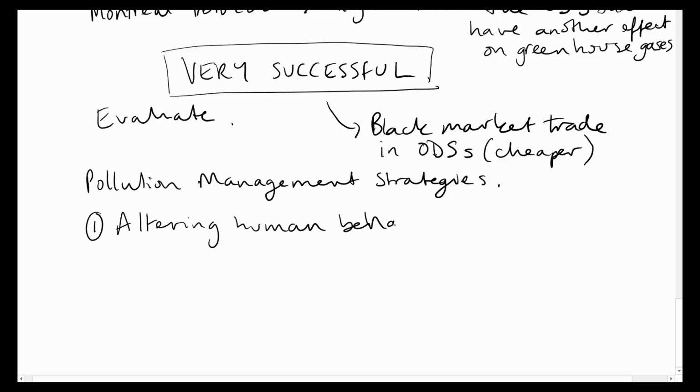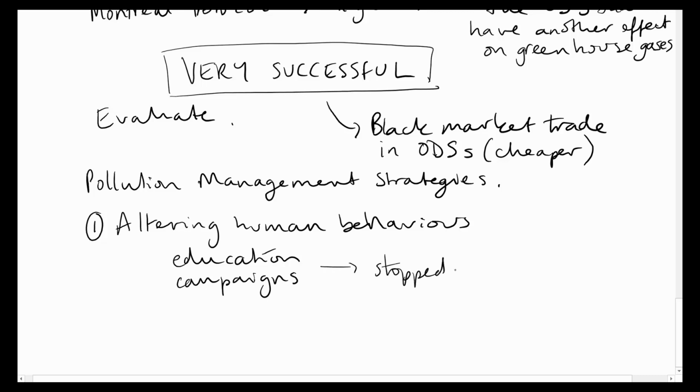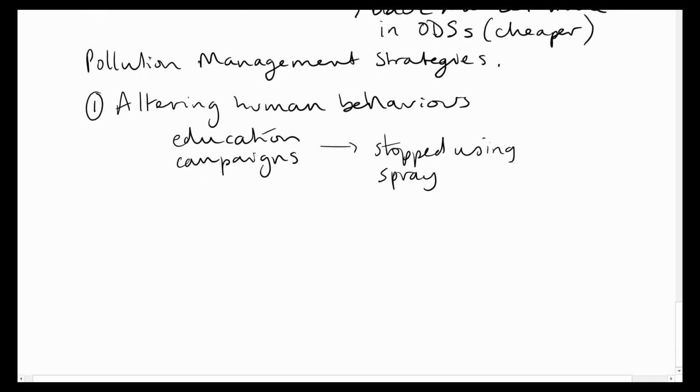So in the 1980s there was lots of education campaigns. I was part of letter writing campaigns, and people stopped using spray cans. Of course, it wasn't completely successful. It was only some people doing that.